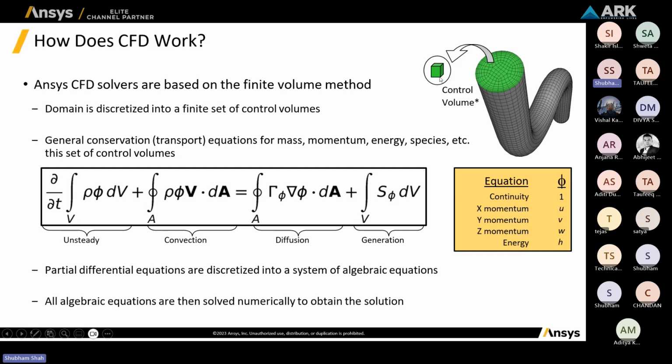On these control volumes, the general transport equations, which consist of mass, momentum, and energy equations and so on, depending upon the requirement and the physics enabled during the simulation, get solved over the control volume nodes. This is basically how the numerical data is resolved in the background.